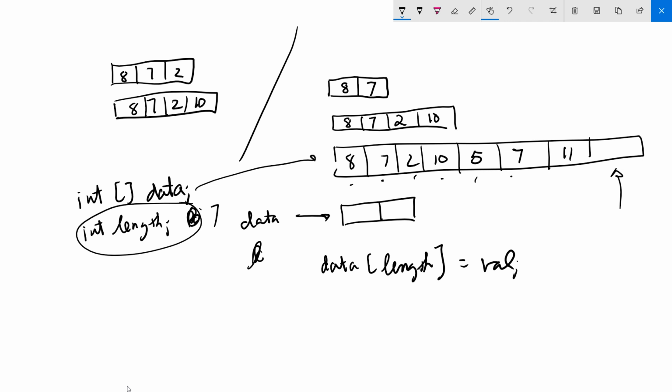Yep, we want to increment length, increase it by 1. So we need to say length plus plus, or length equals length plus 1 or something. So we have to update both instance variables. We update data to keep track of a new element. We update length to keep track of the fact that there's one more element in the list.